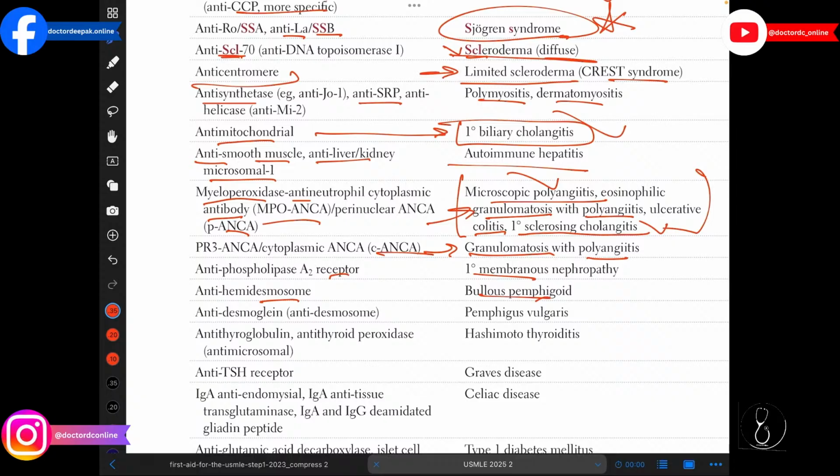We have anti-thyroglobulin and anti-thyroid peroxidase with Hashimoto thyroiditis.